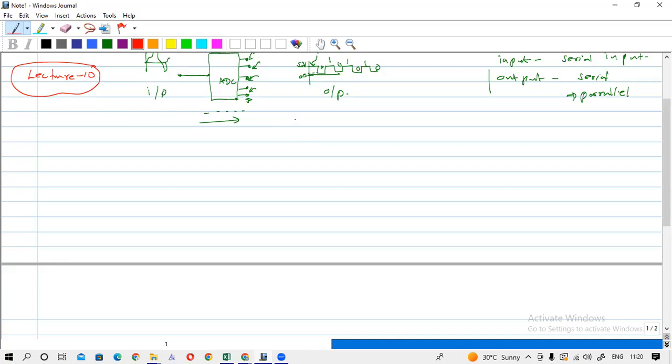That is okay at this moment, but try to understand these things. We talked about some parameters of the ADC. One is the resolution, another is the input voltage range, and another parameter is the bandwidth.